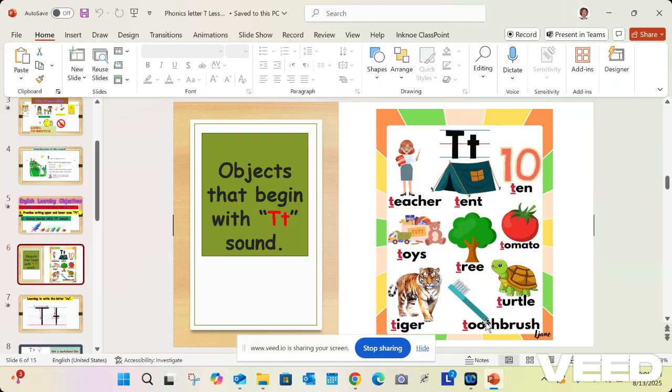If there are many, we call them teeth. One tooth. Okay. Very good. We have so many things that begin with a T sound. You can look around your house and I think you can find so many objects that begin with a T sound.